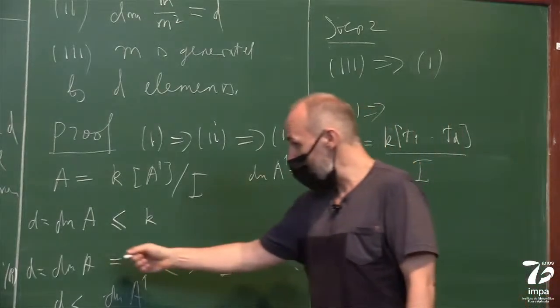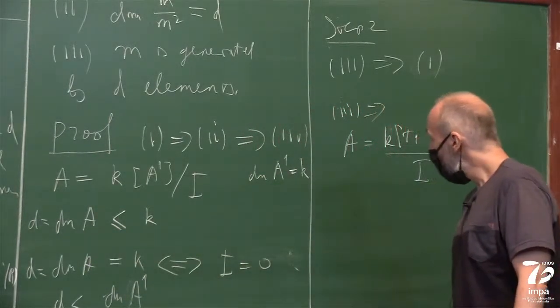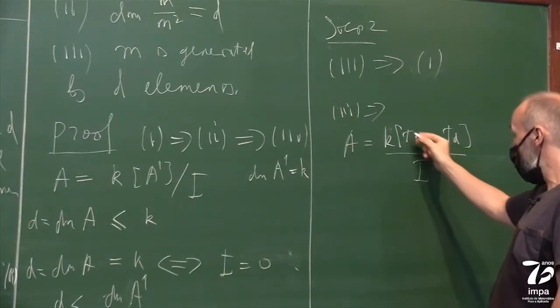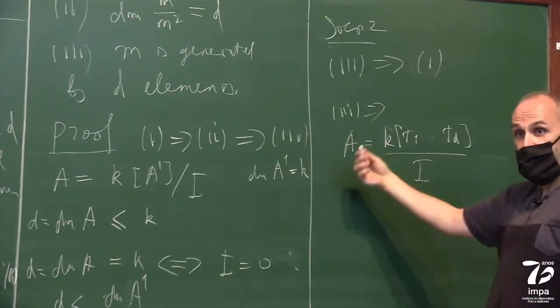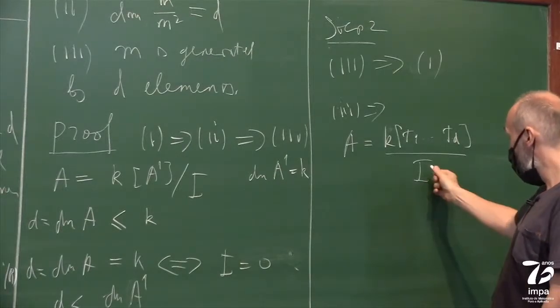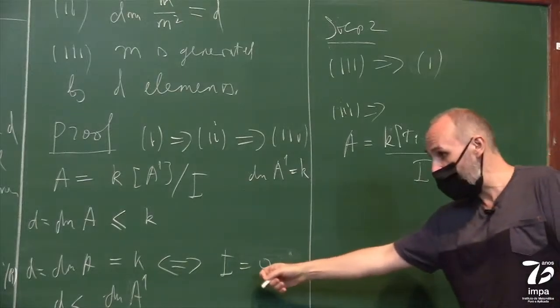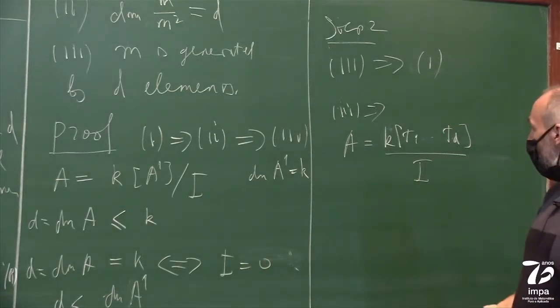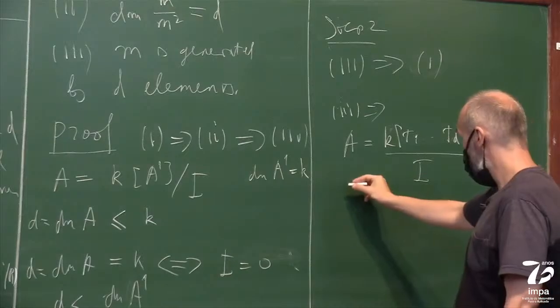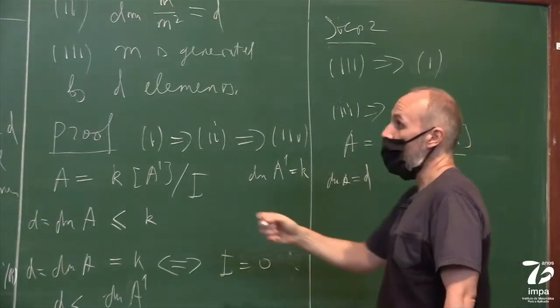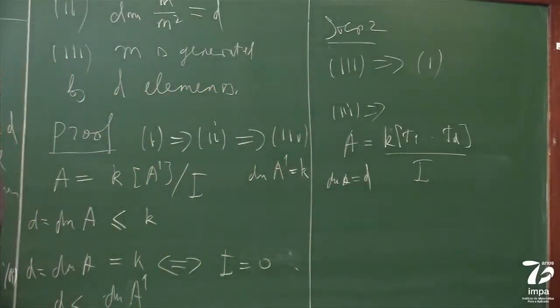But as we just observed, since you have D variables here, the quotient has dimension less than D, and this dimension is equal to D if and only if I is 0. And we know that the dimension of A is equal to D by this formula.